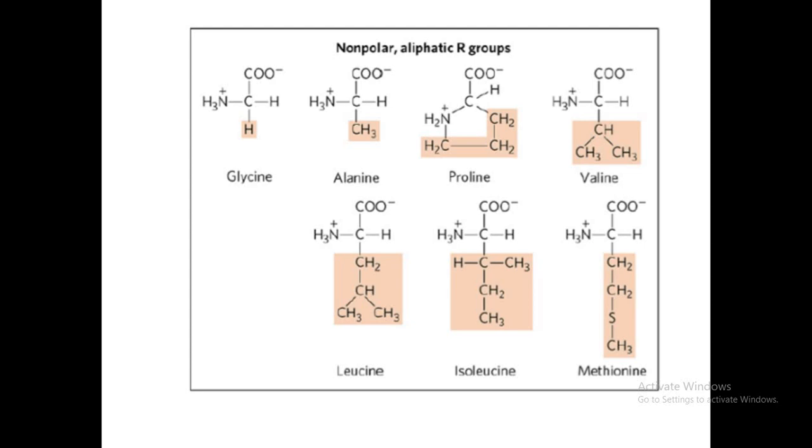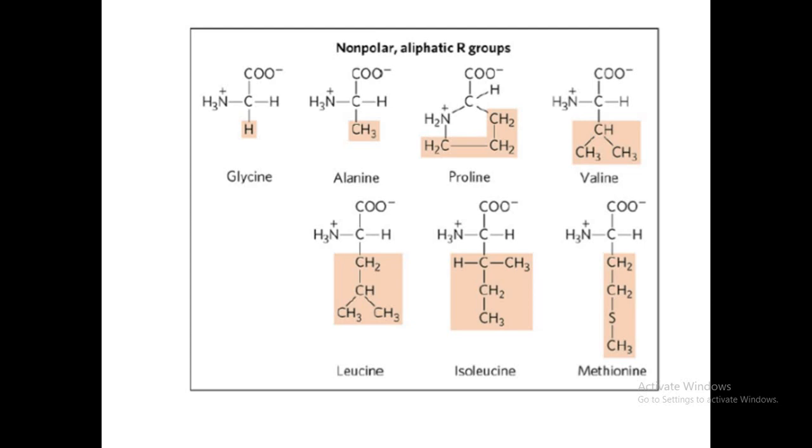So many different polypeptide chains collect together or join together and form a protein. For example, if a protein molecule has alanine, proline, alanine, valine, isoleucine and leucine, then all these alanine, valine, leucine and isoleucine will be found buried inside the protein.